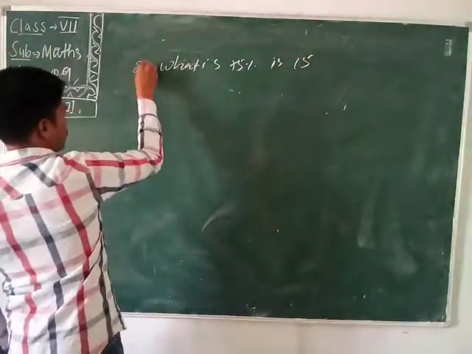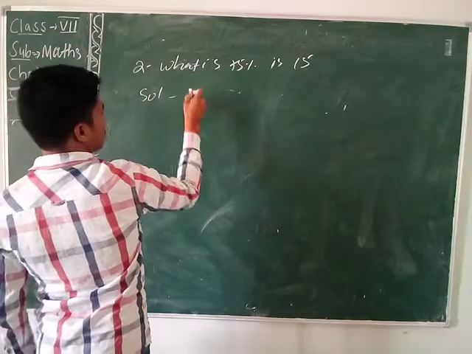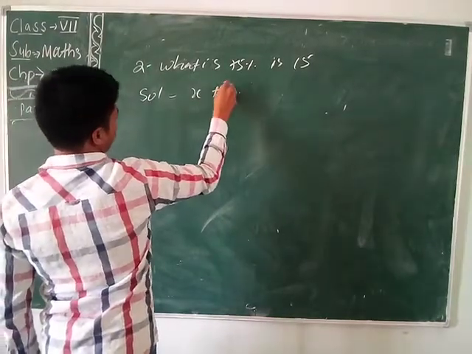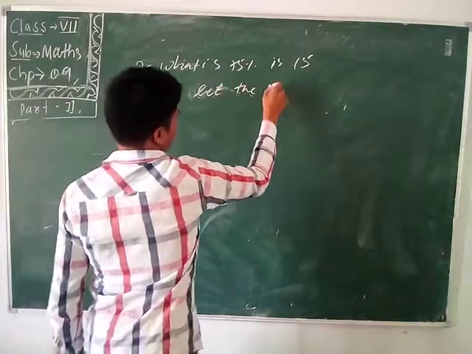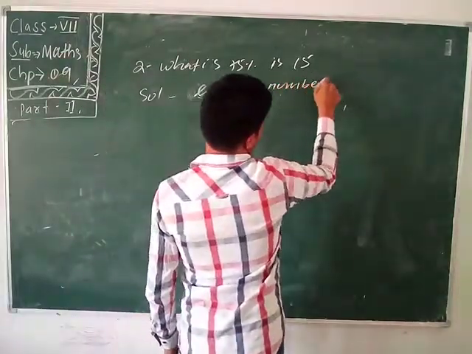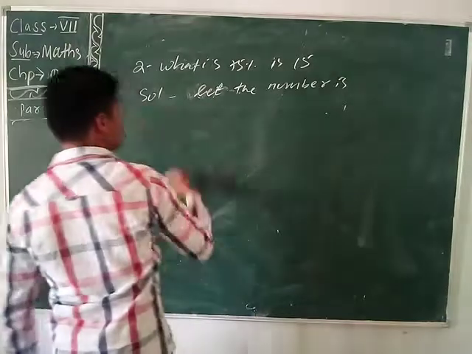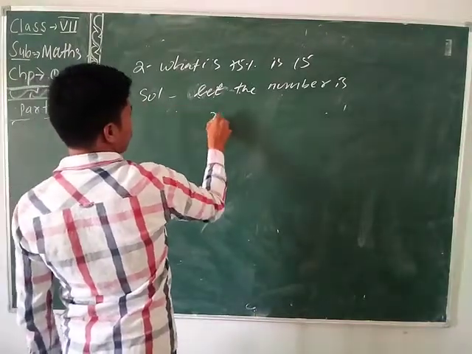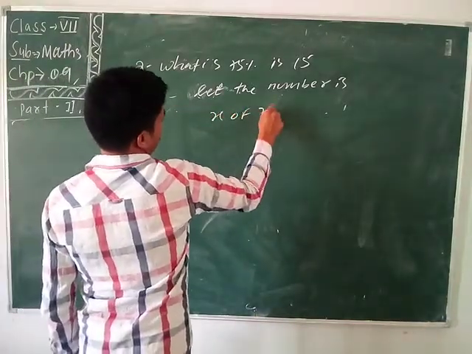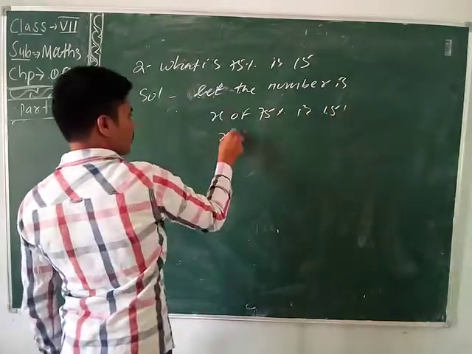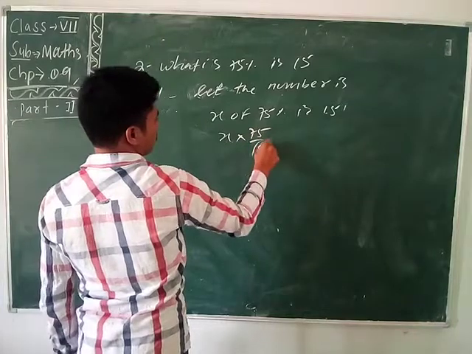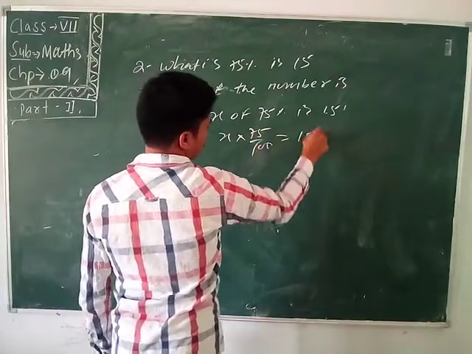Then we take this question and solution. Let the number be x. Then x of 75% is 15. X into 75 by 100 equals 15.